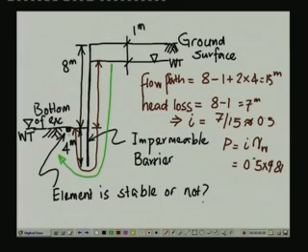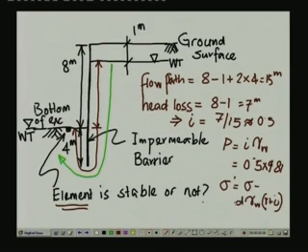Now the effective stress of the element that we are considering, this element, the effective stress for that element is going to be then sigma prime is equal to the total stress minus the pore water pressure, and in this case the pore water pressure is going to be equal to gamma w times depth times (1 plus i).